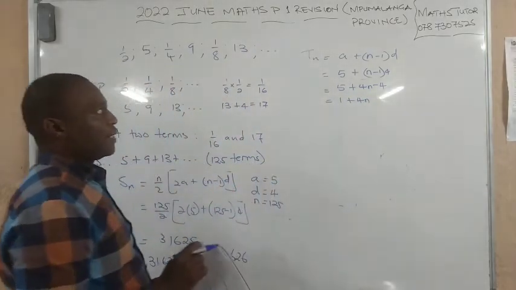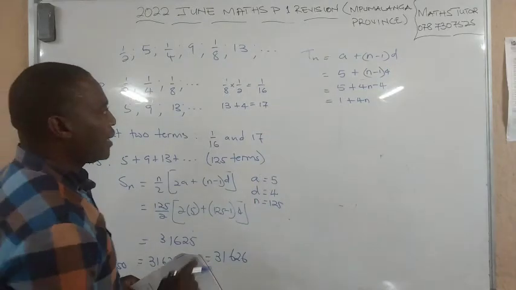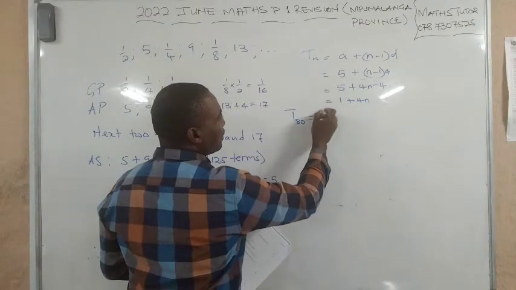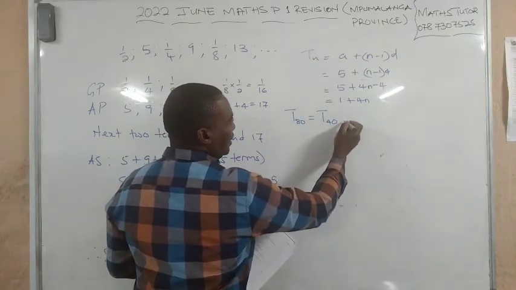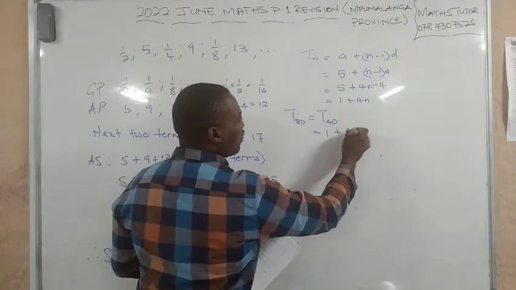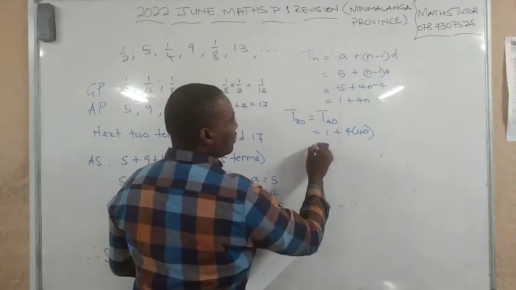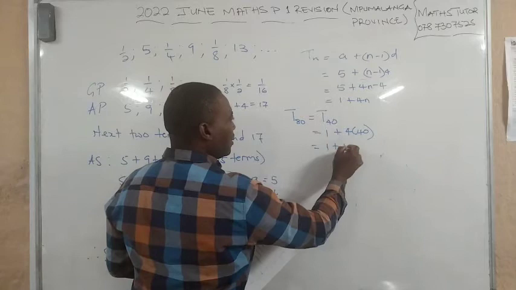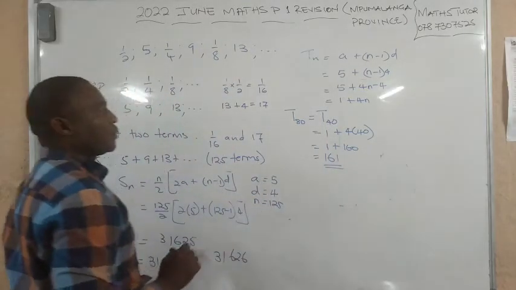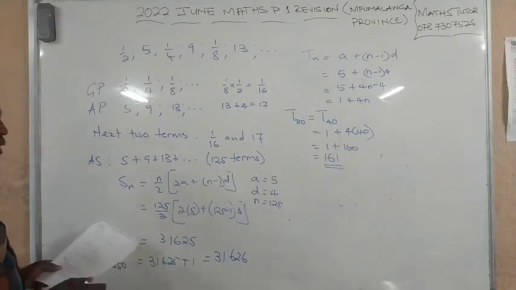That is our Tn. So term number 80 is equal to term number 40, which is equal to 1 plus 4 by 40, which is 1 plus 160, which is 161. So term number 80 is 161.